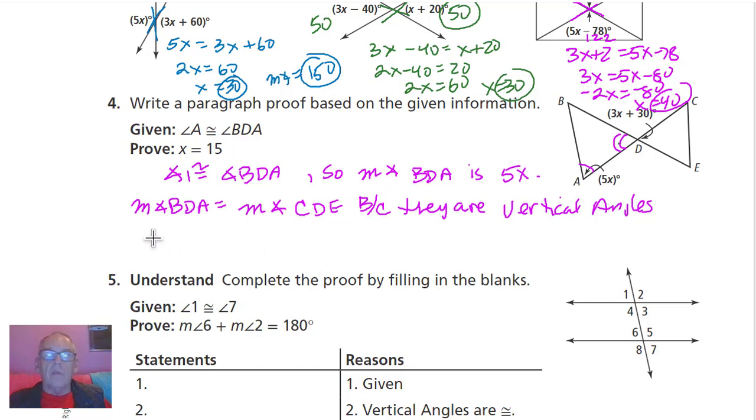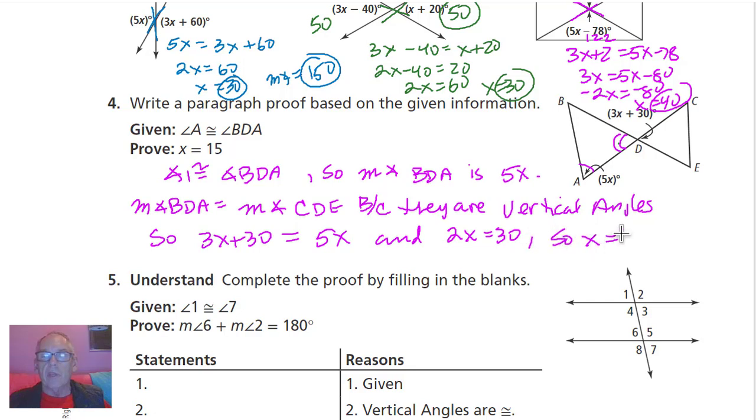So it leaves us with 3x plus 30 equals 5x, and 2x equals 30, so x equals 15, and we're done.